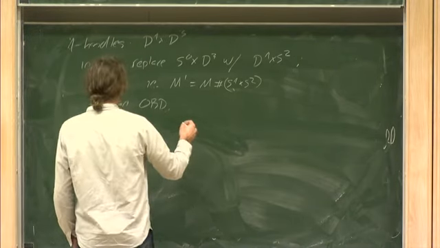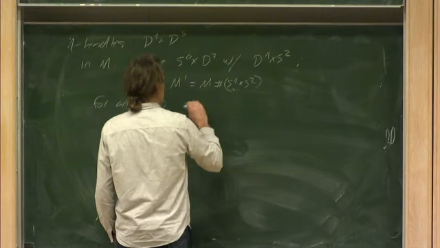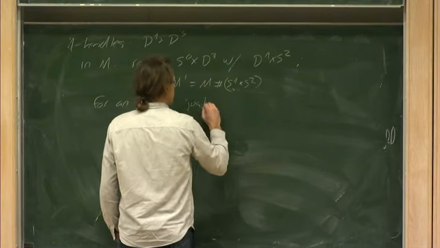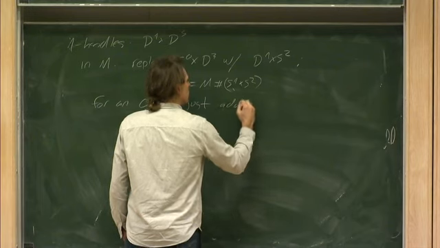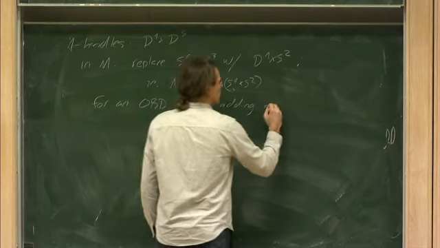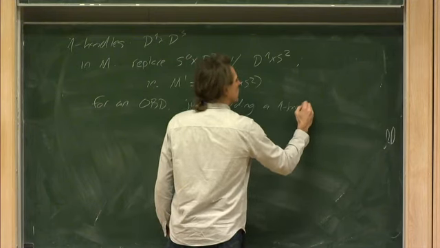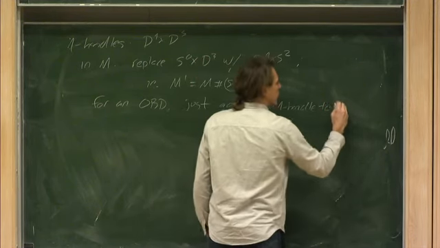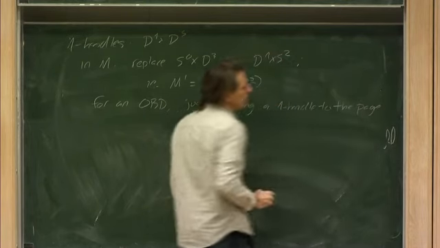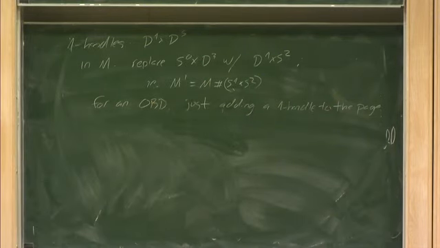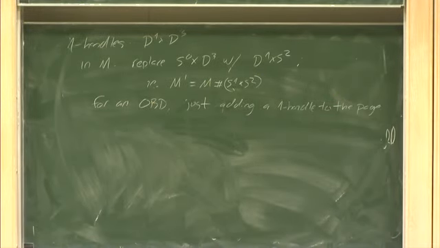So you're not really doing much. This is just adding a one-handle to the page, and not doing anything to the monodromy. So this is not a particularly interesting thing.